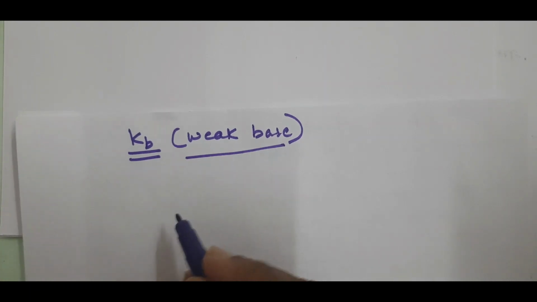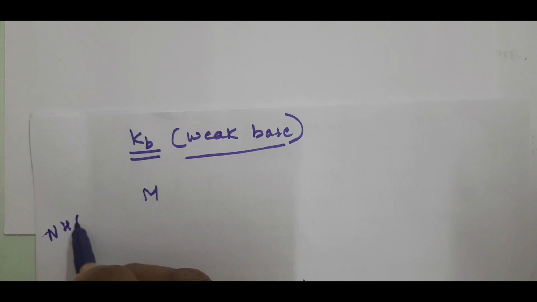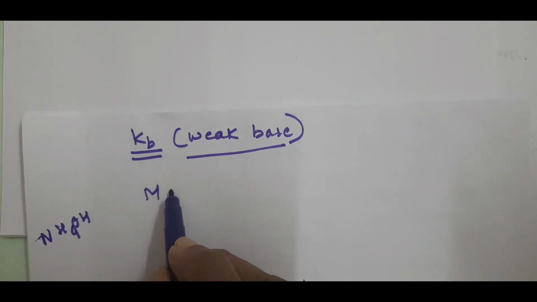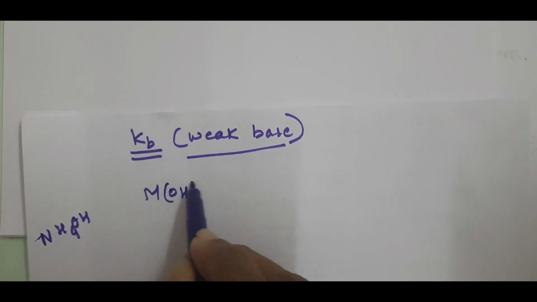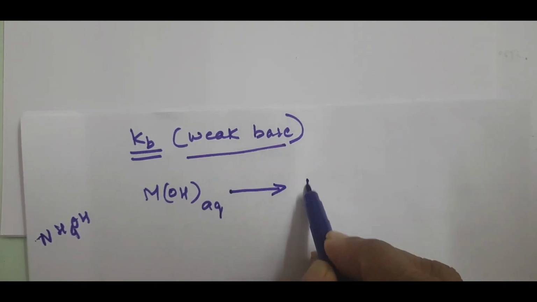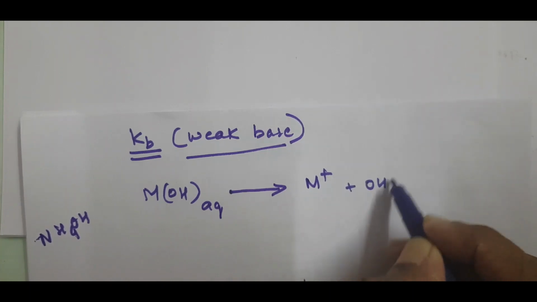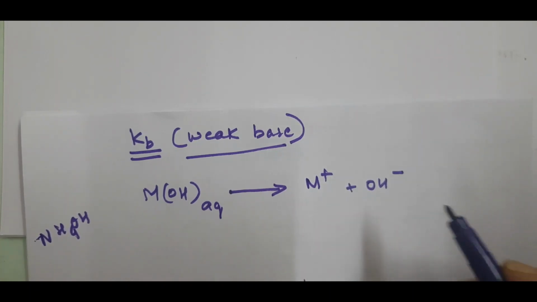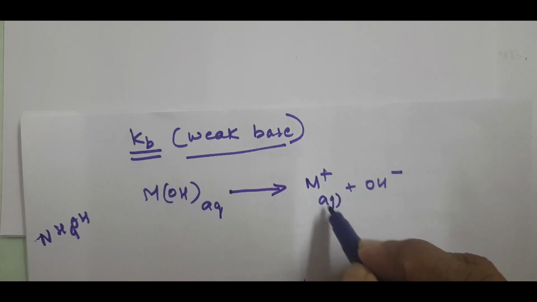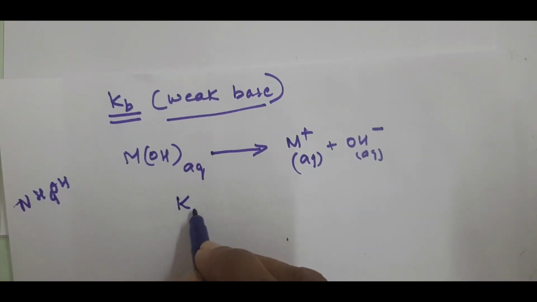For example, a weak base means NH4OH. Simply I am saying MOH. Generally I can write MOH aqueous will give you M plus and OH minus, both in aqueous. Now you can write the same way as Ka.